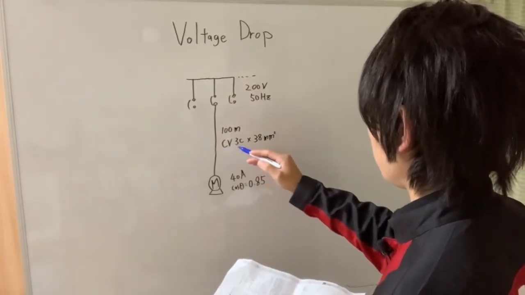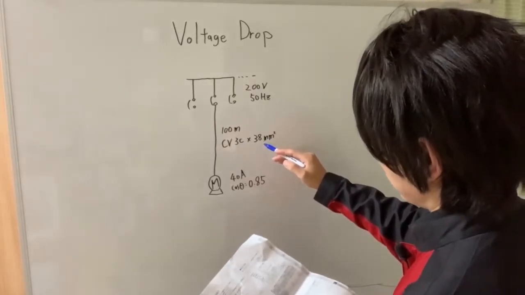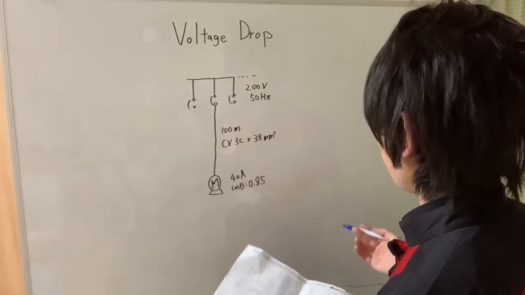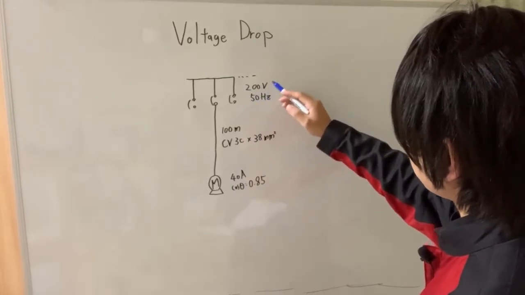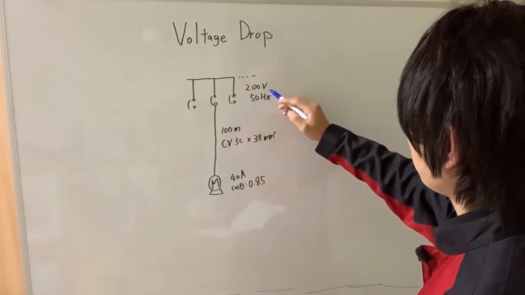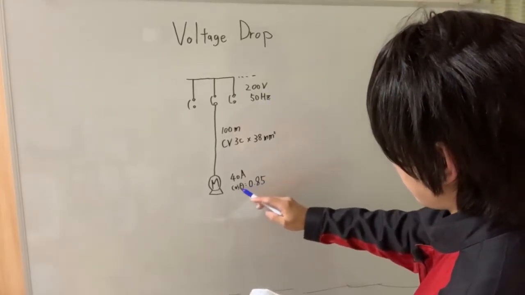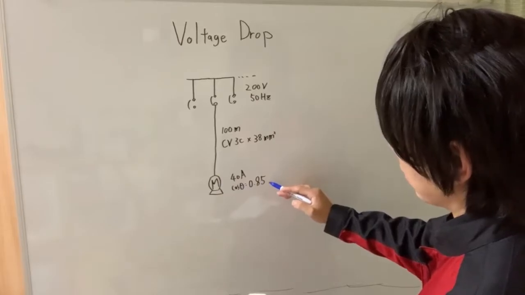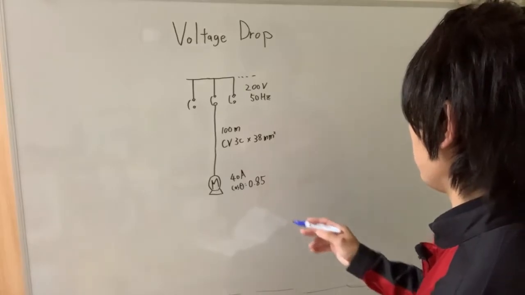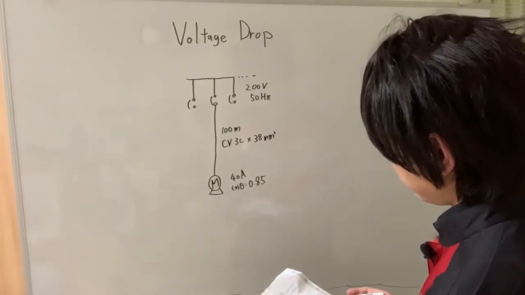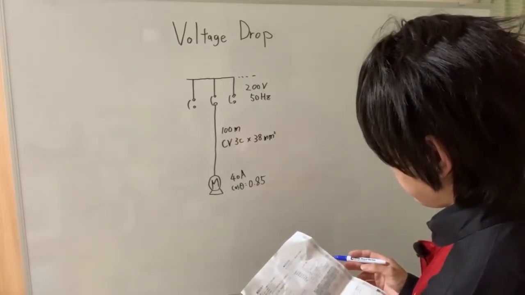I think it's a Japanese style, and the cable is 3 cores, 38 square millimeters, and the rated voltage is 200 volt and 50 hertz frequency, and the induction motor's rated current is 40 ampere and power factor is 0.85. So okay, let's do that.